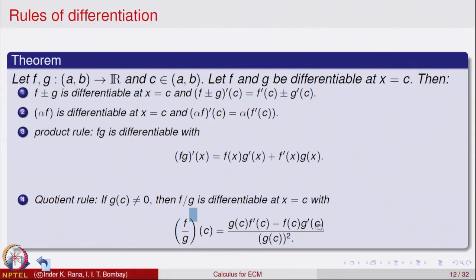So, how do you write this formula? g is in the denominator, so the term in the denominator appears as g(c) square, and for the numerator, g(c) into f'(c) minus f(c) into g'(c). So, here a difference comes in the quotient, whereas in the product a plus sign came.